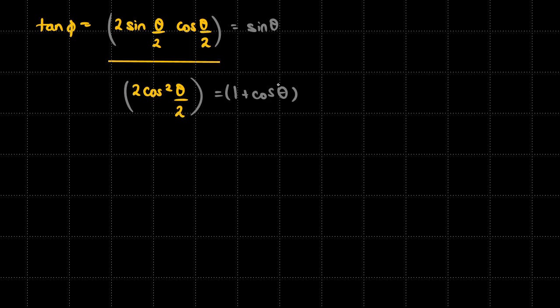Looking at the top and bottom, the 2's cancel out, and one cos theta by 2 cancels out the bottom one. So tan phi must be equal to sine theta by 2 by cos theta by 2. Sine by cos is tan, so tan theta by 2, which means phi equals theta by 2.